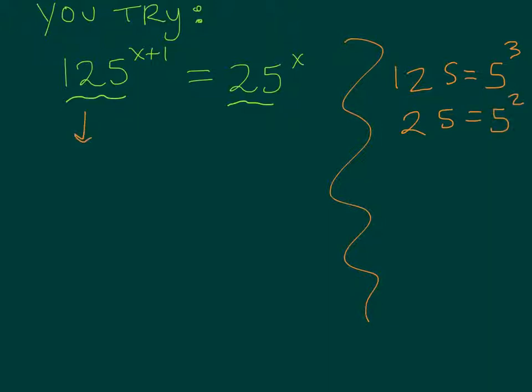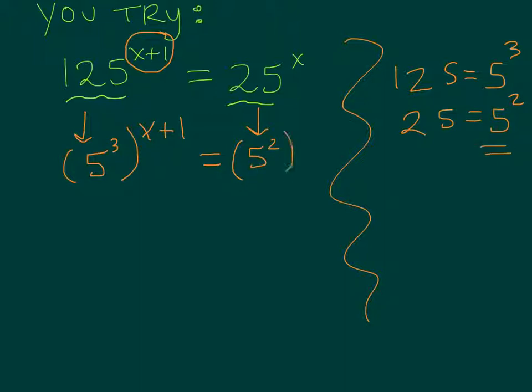So I'm going to take 125 and write it as 5 cubed. Don't forget our exponent, x plus 1, so I will rewrite x plus 1 is equal to, rewrite 25 as 5 squared, and I have my x here, so I will rewrite the x.